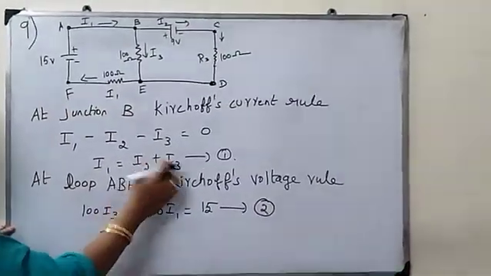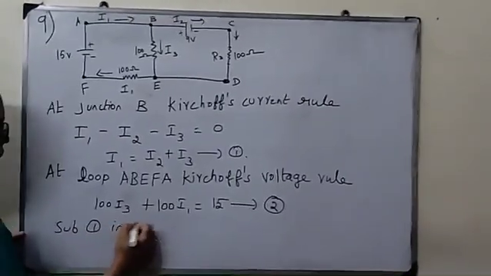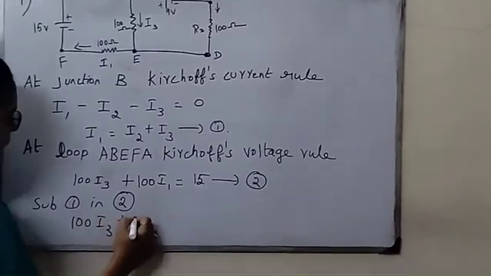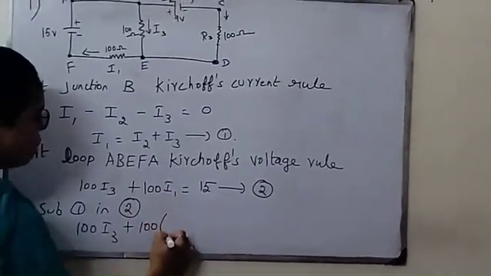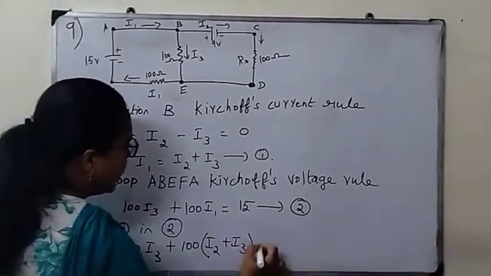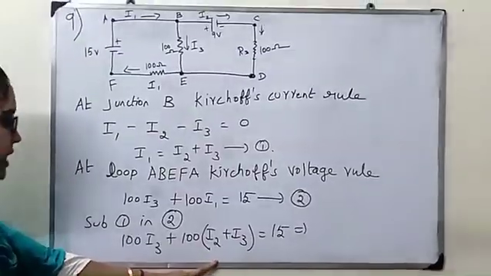Now 1 can be substituted in 2. Substitute 1 in 2. So 100 I3 plus 100, instead of I1 you can substitute I2 plus I3, equal to 15. Which further gives, you can multiply this 100 inside.